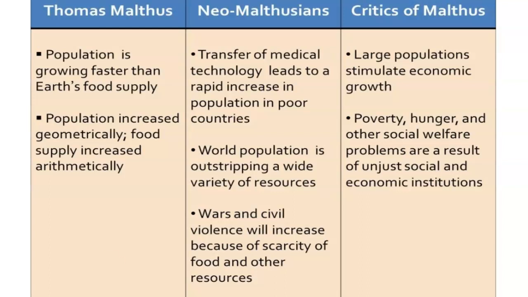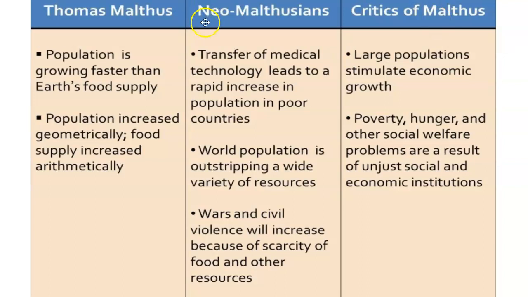And so again, critics of Malthus would definitely say that Malthus did not anticipate or foresee how humans would be able to produce much more, and come up with new scientific ways of producing more efficiently as well.